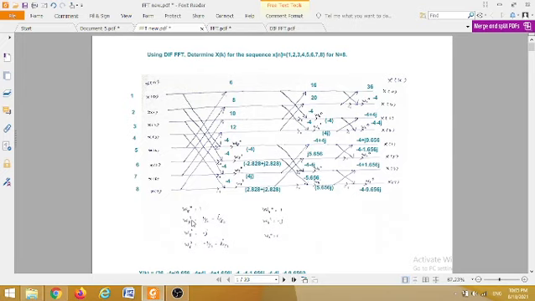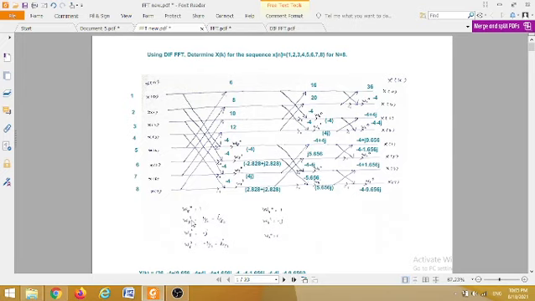Then finally we will be having W8 power 3. W8 power 3 is e power minus j 2 pi by 8 multiplied by 3, or e power minus j 6 pi by 8. So e power minus j 6 pi by 8 is e power minus j 3 pi by 4, and so we will be getting minus 1 by root 2 minus j by root 2. Okay. So 3 pi by 4 is 135 degrees.